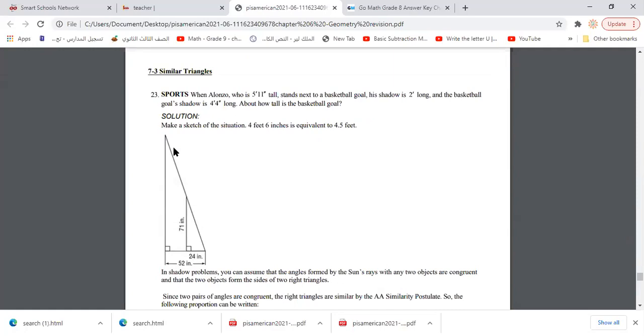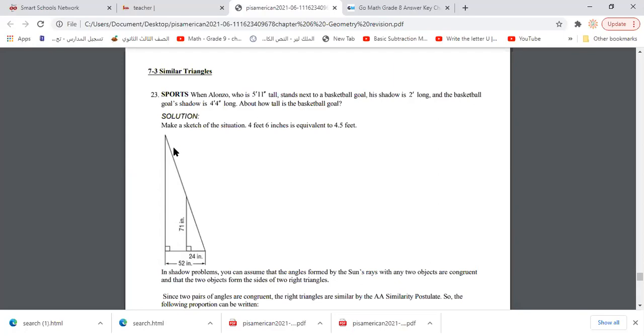We are going to make a sketch for this situation. In a shadow problem, you can assume that the angles formed by the sun's rays with the two objects are congruent. So the two objects form the sides of the two right triangles. Meaning any question related to height and shadow is just an application about two right triangles.